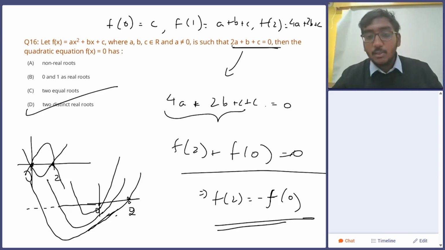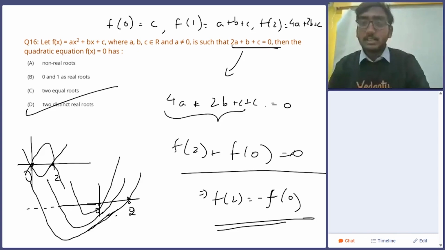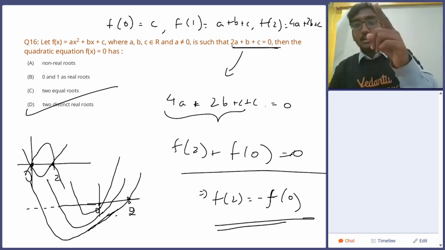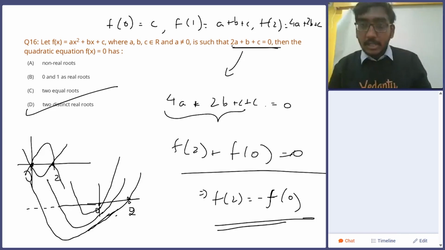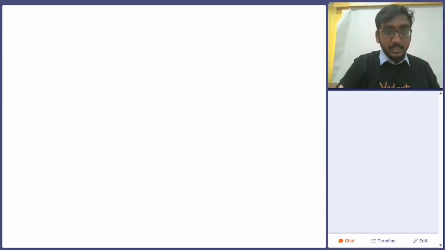Because if one is the negative of the other, however, it should pass through the x-axis. There is a sign change involved. One more thing you will observe is that if there is one real root, the other root will also be real, right? It cannot be imaginary because complex roots occur in conjugate pairs, right? So if there is a sign change, there will be another place where the sign will again change for the function.